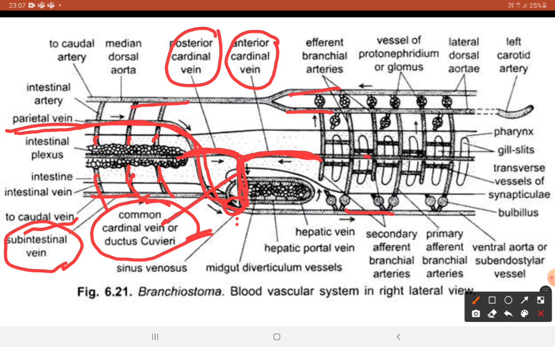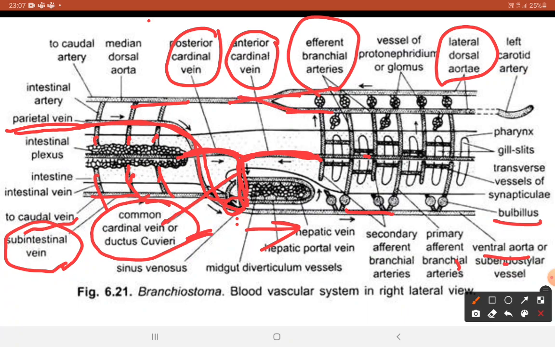So like this, the sinus venosus receives blood from all different parts of the body, and once it contracts and pumps, the blood moves forwards through the ventral aorta, and from the ventral aorta it goes to the afferent branchial arteries and through the bulbuli, and then that is picked up by the efferent branchial arteries, and they join the lateral dorsal aortae, and these two lateral dorsal aortae fuse to form the median dorsal aorta that continues backward as the caudal artery and the intestinal artery supplying the intestine.